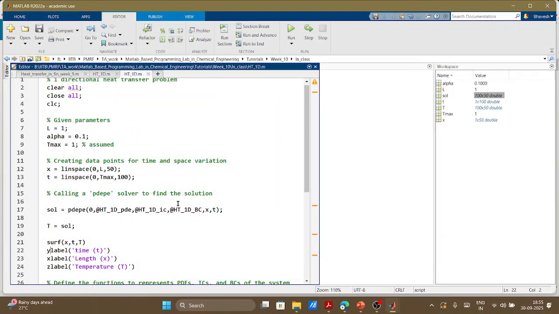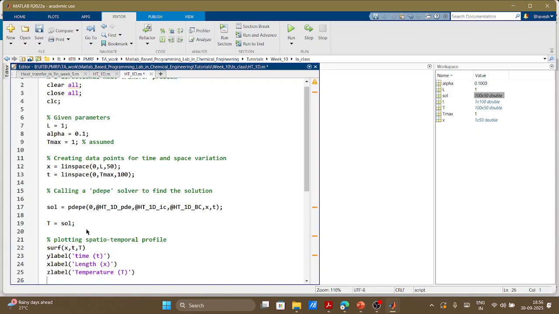So for that, let's look at the two-dimensional part, okay, and see how it looks like. So this is your first plot, plotting spatiotemporal profile.